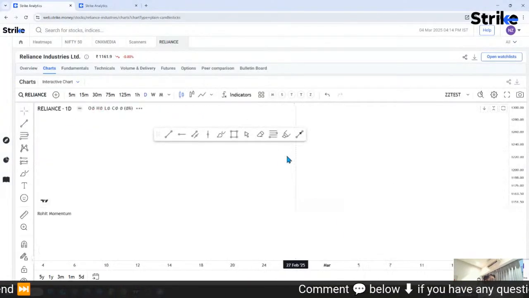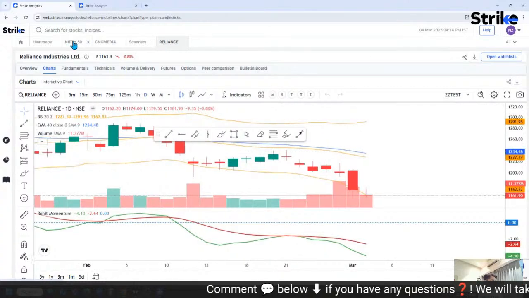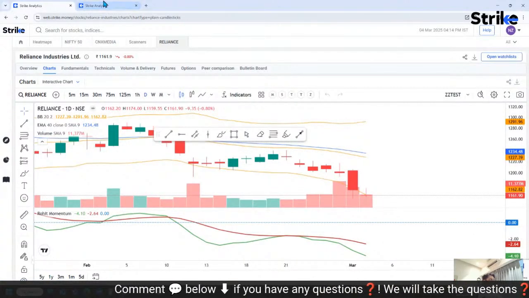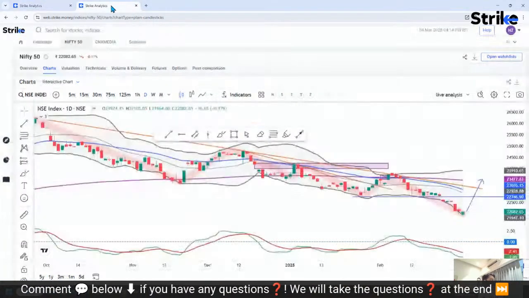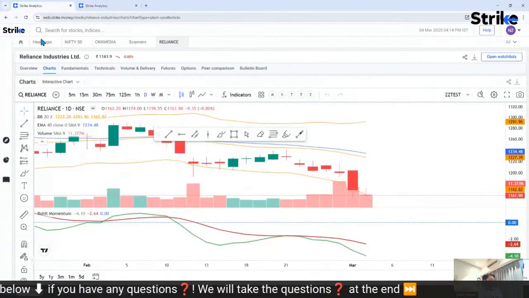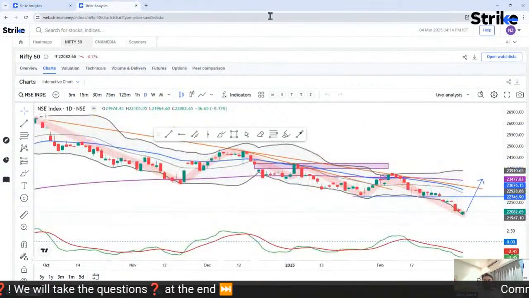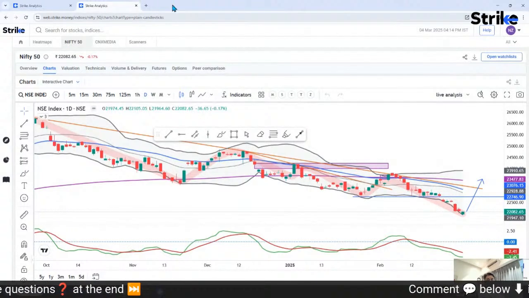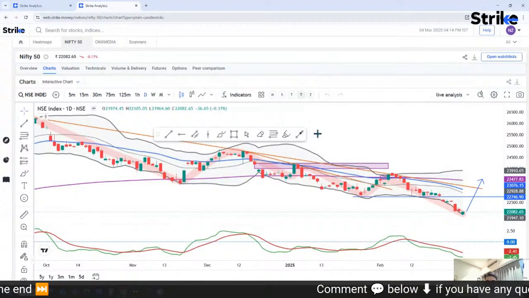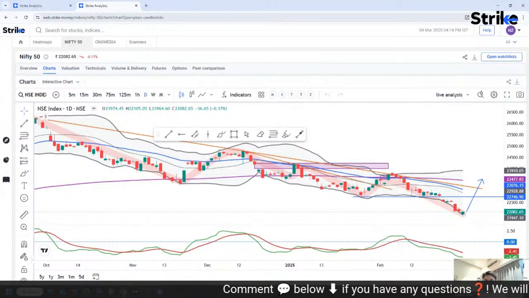So over here now, instead of clicking over here on Nifty, you just have to remember a little bit that this is where I've kept Nifty, and this is where I've kept Reliance. So you can keep multiple tabs open over here in your browser. Okay, I hope this solves your problem.